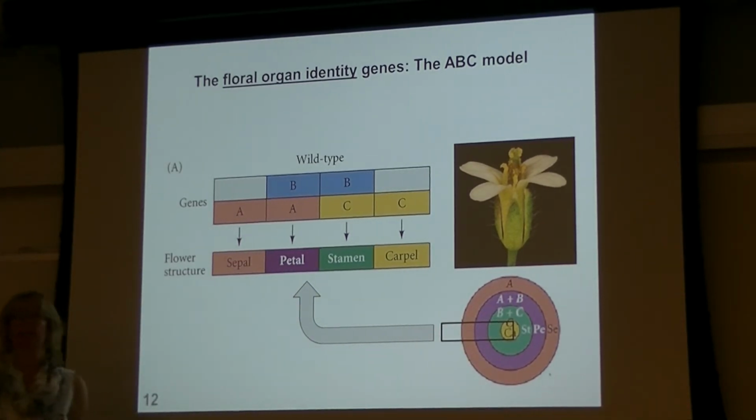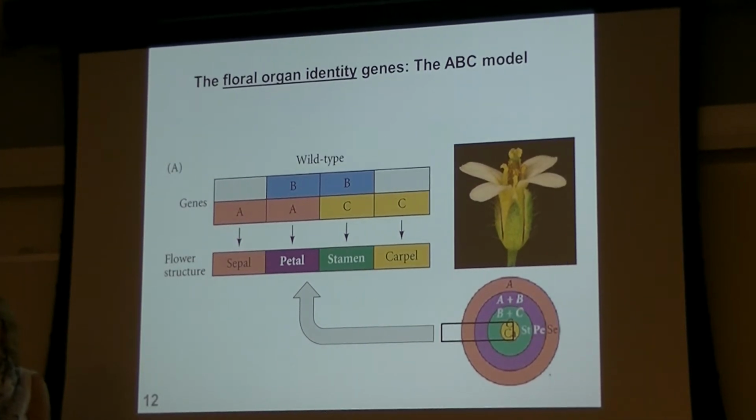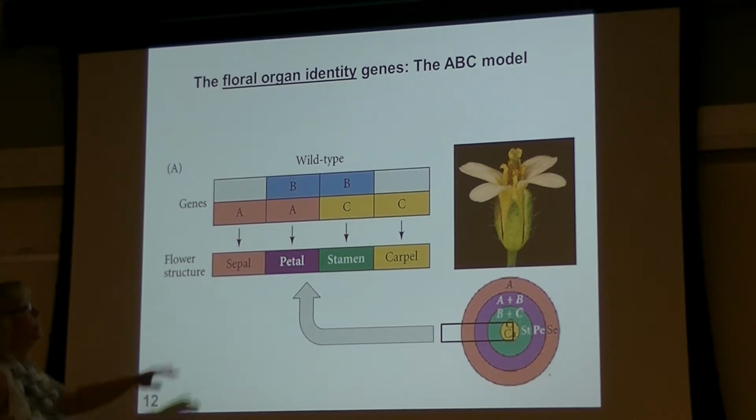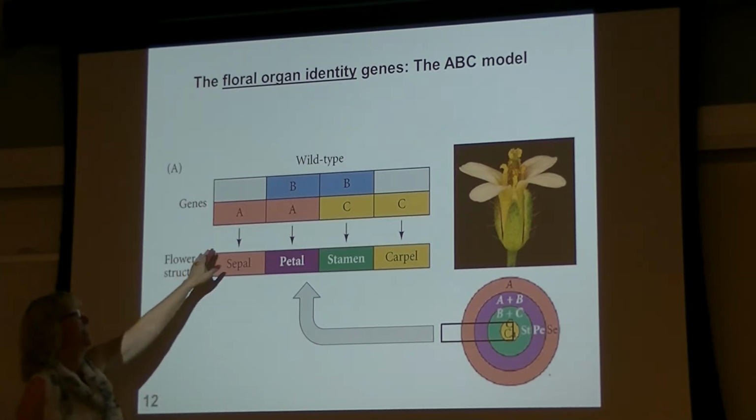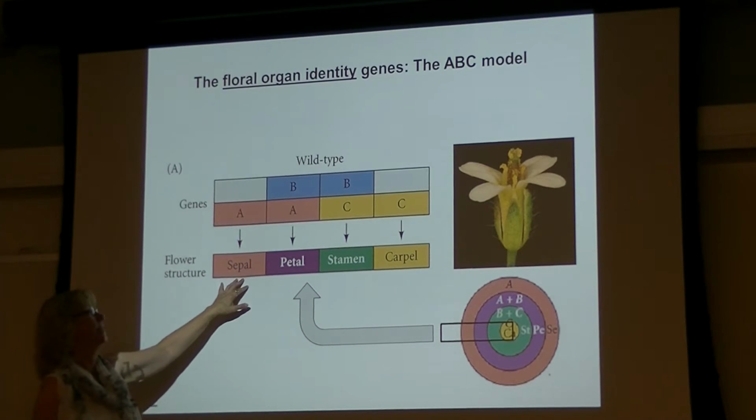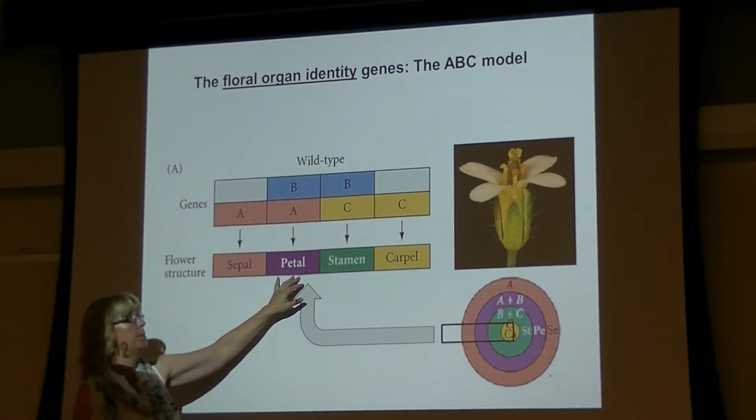And we can classify these genes into 3 different groups called the A genes, the B genes, and the C genes. And so within those groups are going to be actually individual genes that belong to that group, but just to kind of lump them together into 3 different categories, we can call them A, B, or C based on where they're expressed. The A genes are expressed in the territories that become sepal and petal.